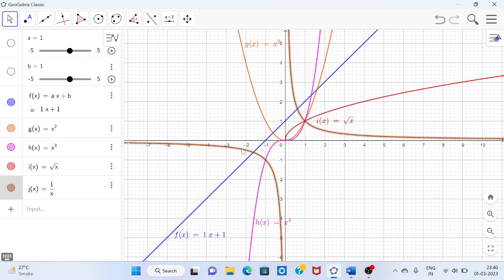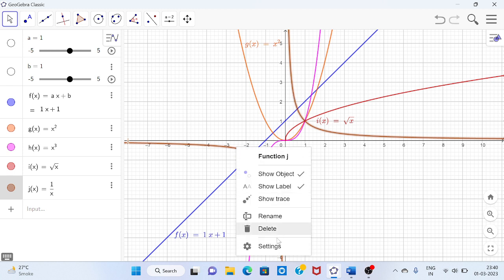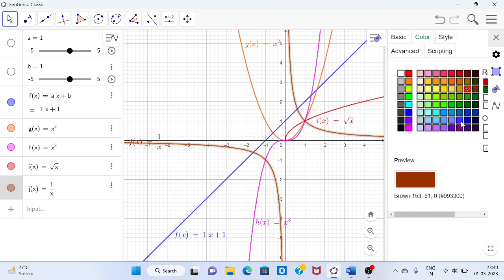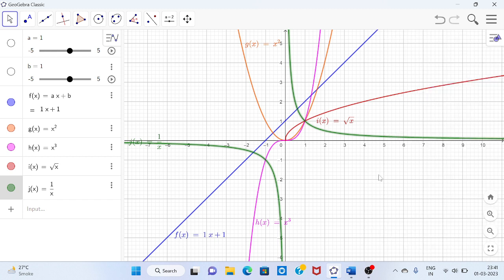One is here and the other one is right over here. I'll change the color of them, because with similar colors we cannot actually identify them. Yes, if you see these two green lines, these are a reciprocal function.